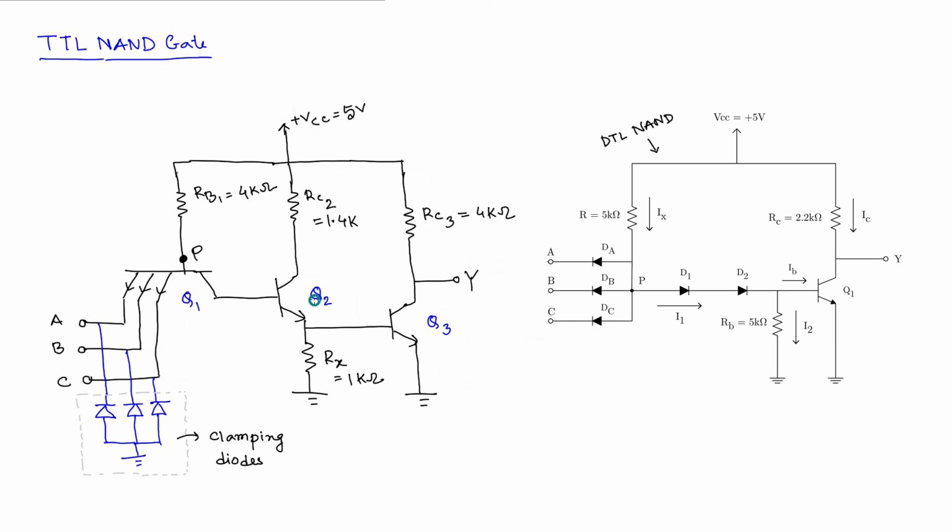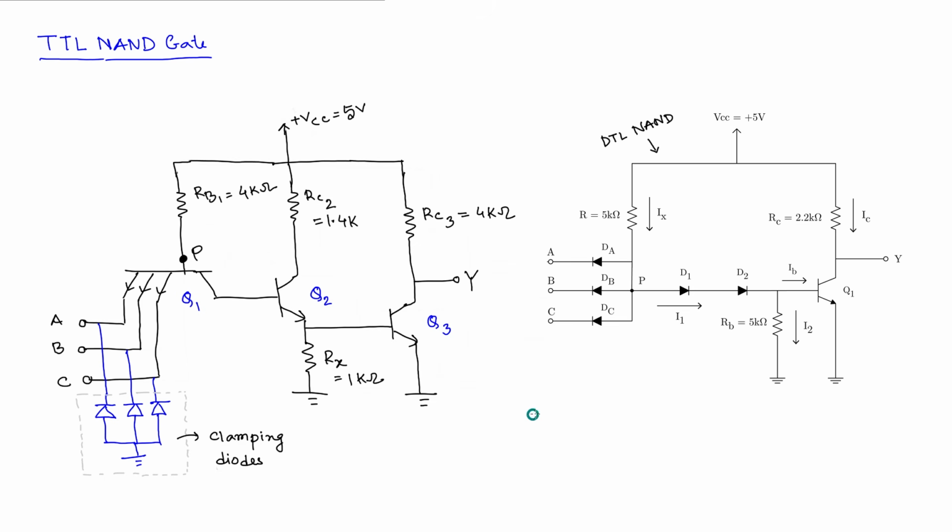For Q2, this base to emitter junction is replacing D2 of DTL. This is how we are modifying the circuit, and why we are doing that, through the explanation of different cases, we will finally understand how this particular architecture is an improvement of the one we had earlier, DTL.